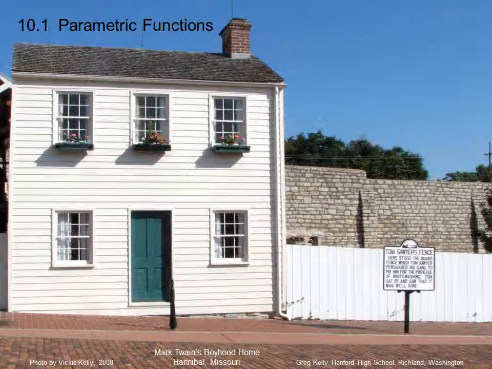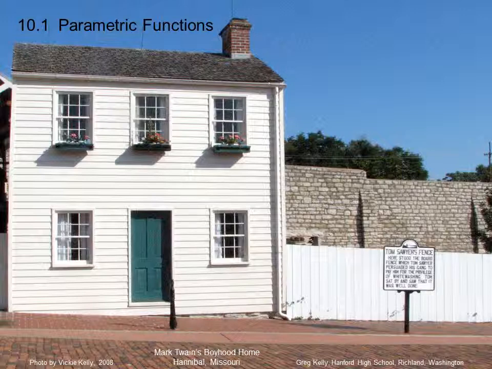Lecture 10.1, Parametric Functions. Here we have Mark Twain's boyhood home in Hannibal, Missouri. When Samuel Clemens, who later became Mark Twain, wrote Tom Sawyer, he wrote about some of his own experiences.